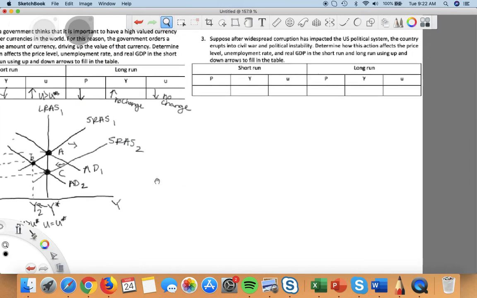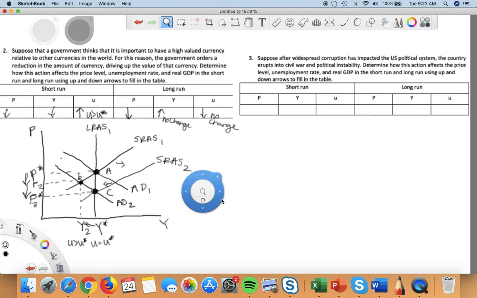And the very last one I have for you is we have some widespread corruption that has impacted the U.S. political system. Our country has erupted into civil war and political instability. How does that affect the price level, unemployment rate, real GDP, and so on? So, step one stays the same.